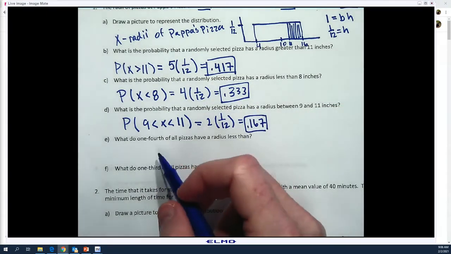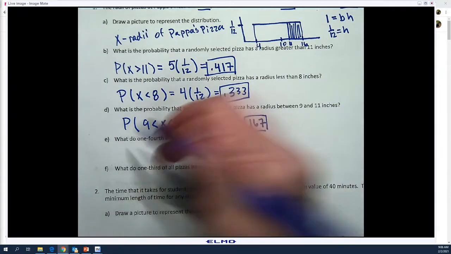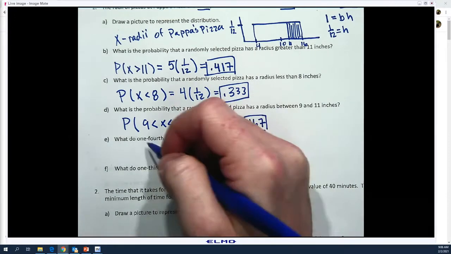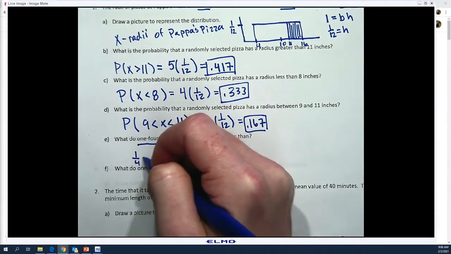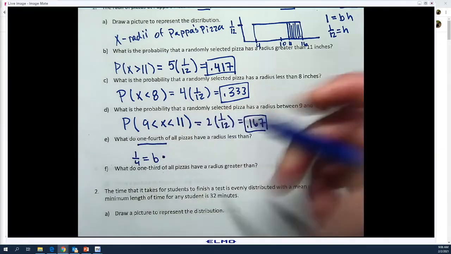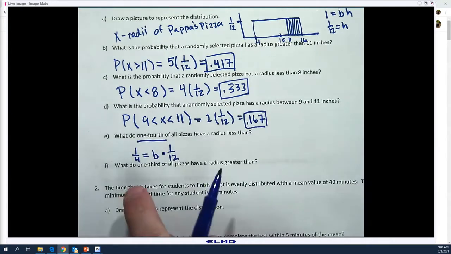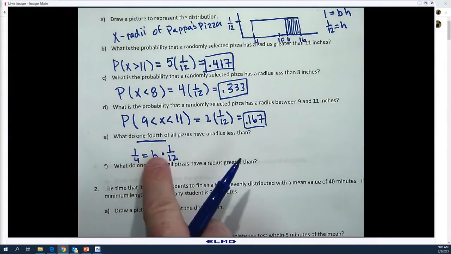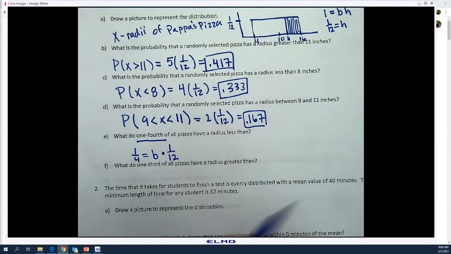It says, what do 1/4 of all pizzas have a radii less than? What we could do here is we know the probability is 1/4. So 1/4 is equal to base times a height of 1/12. This is where I would start off. We want to figure out what that base width is, and we know the height is 1/12.